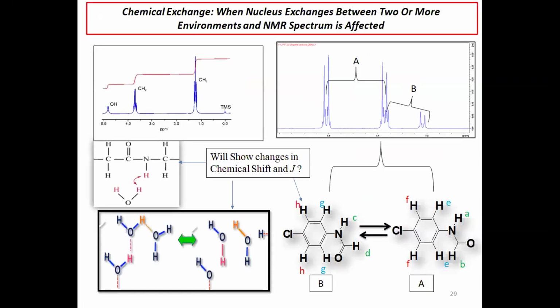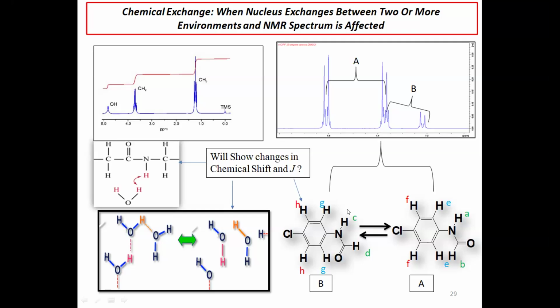Come to this slide; I hope you are able to see this. If we look at the molecule here, it has a partial double bond character around the CN bond. There is a benzene ring, and from the resonance condition the N-C bond has partial double bond character.